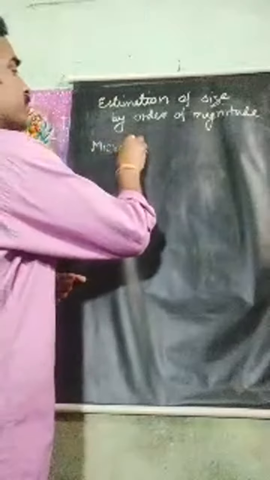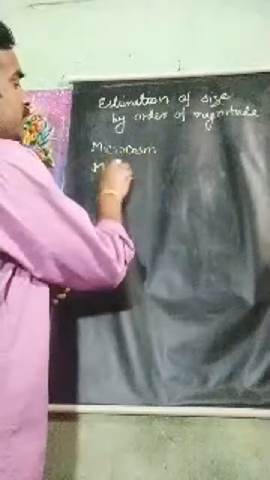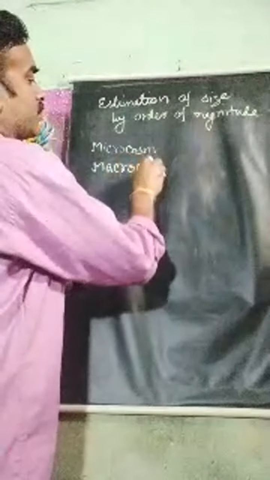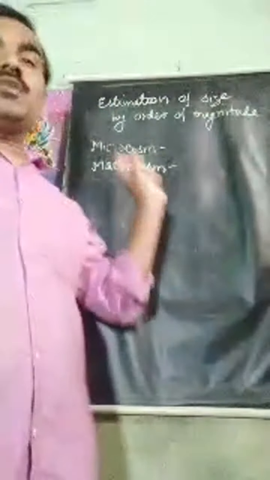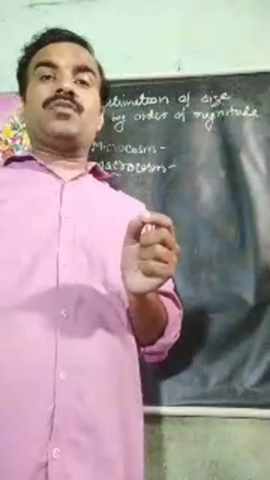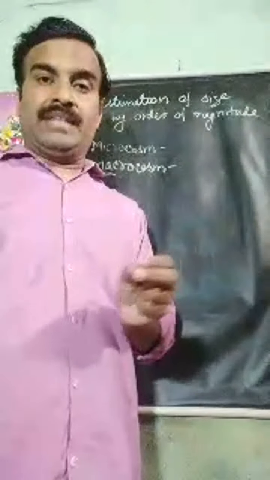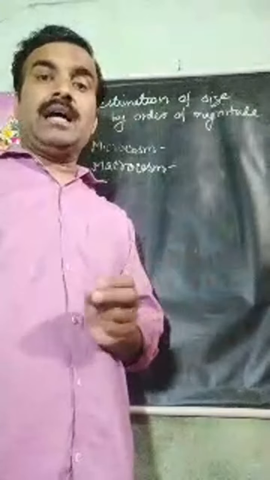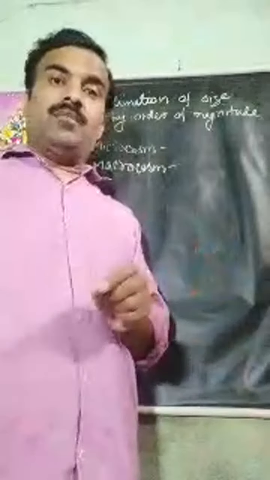Microcosm and macrocosm. Microcosm, from the name it seems to be clear. Microcosm means we have to measure the smaller object. The measurement in which we constitute the smaller object is called the microcosm.